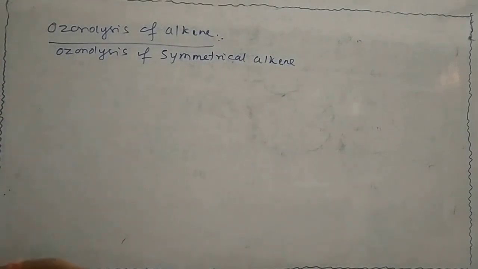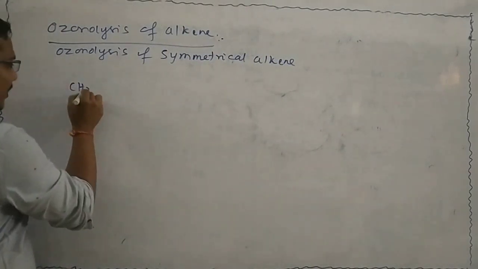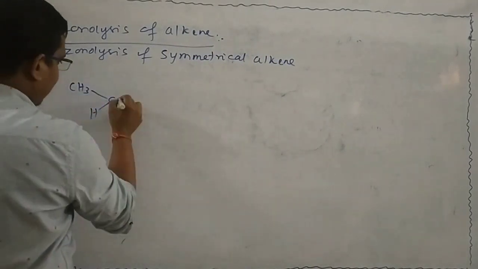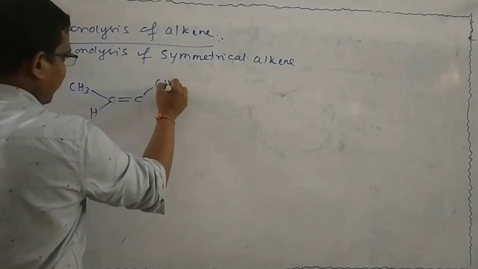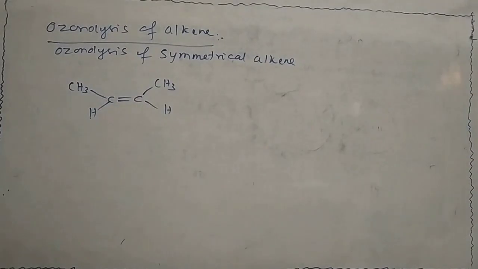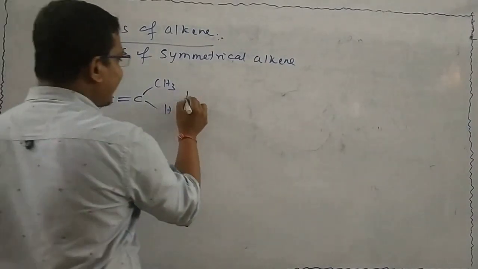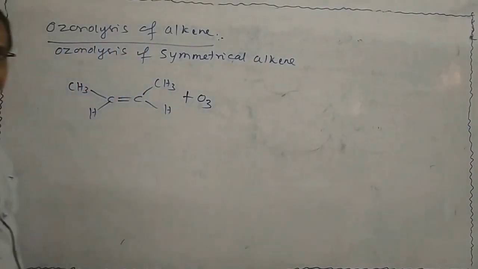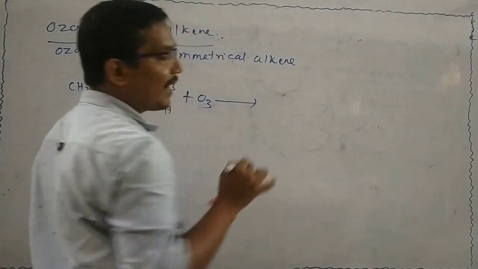Take a symmetrical alkene. Suppose this is CH3, double bond, CH3. It is a symmetrical alkene. It is subjected to ozonolysis, means O3. Then what will happen? It gives an ozonide compound.